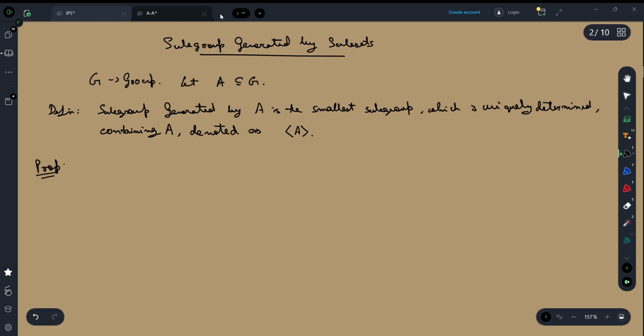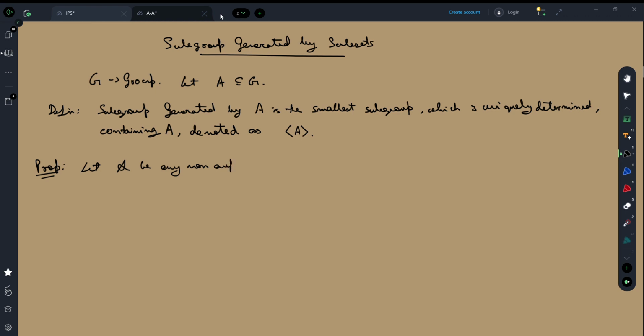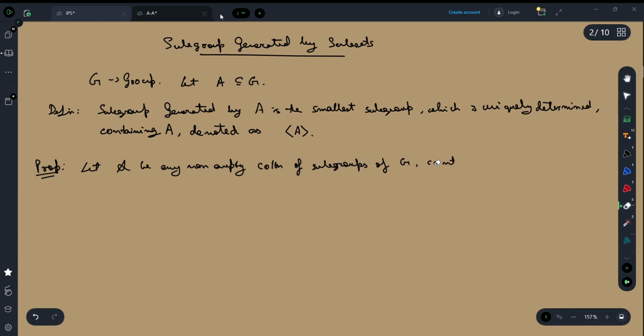So let A be any non-empty collection of subgroups of G. Let me not specify containing A at this point; let me be on a general note.